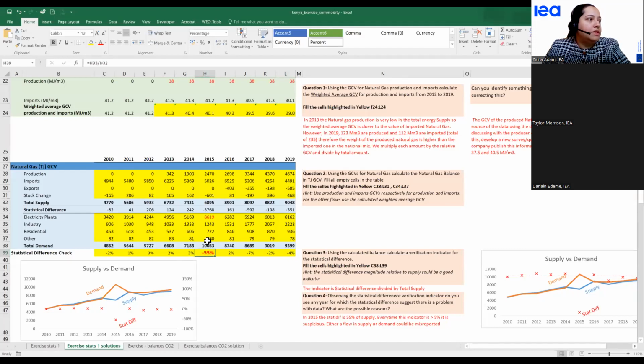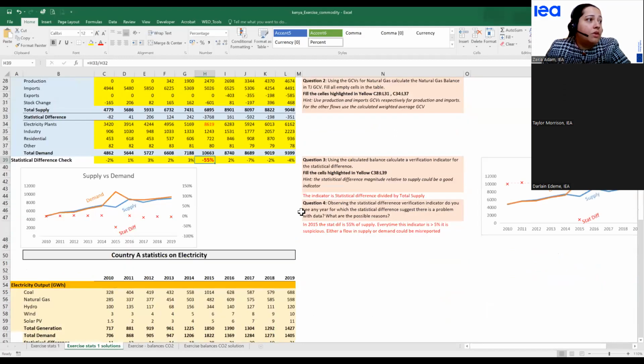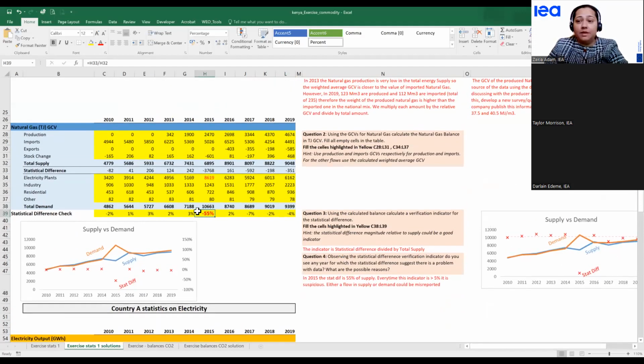But here you will see, when you observe, so that's question 4, observing the statistical difference verification indicator, do you see any year for which the data is suggesting that we have a problem? So yes, we see a big problem here, because in 2015, the statistical difference is very high.